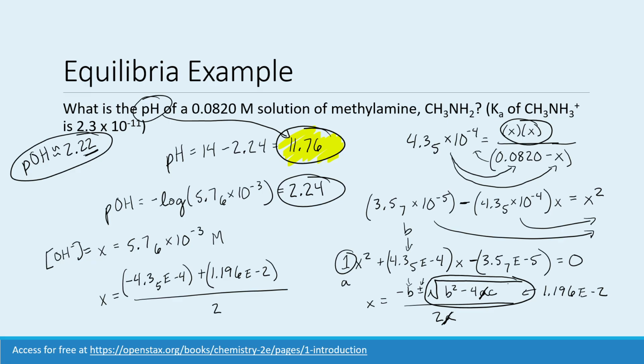Right, that is the final answer that we're looking for, pH of 11.76. And whether the quadratic is necessary just depends on how accurate you need to be, but you can see how similar those values are. All right, so that wraps up all the examples with weak acid and weak base equilibria.